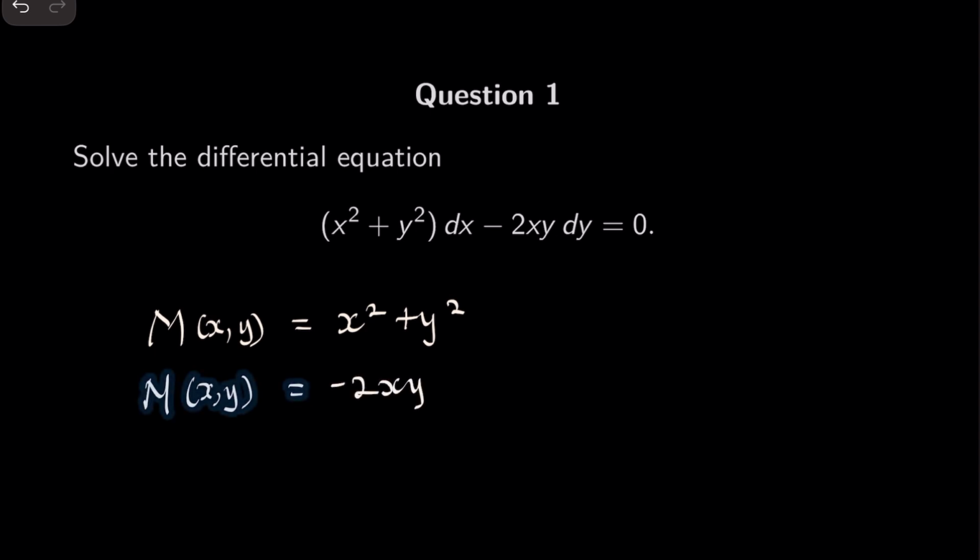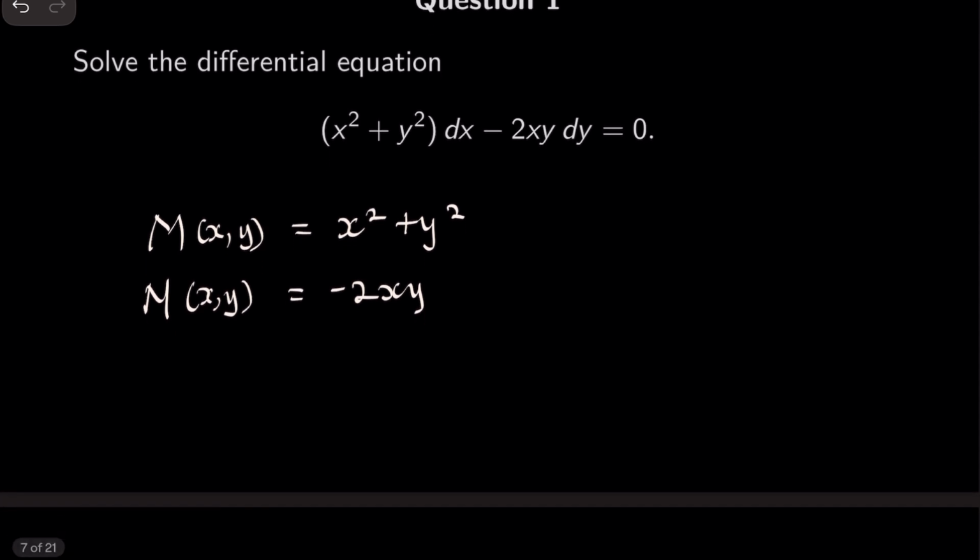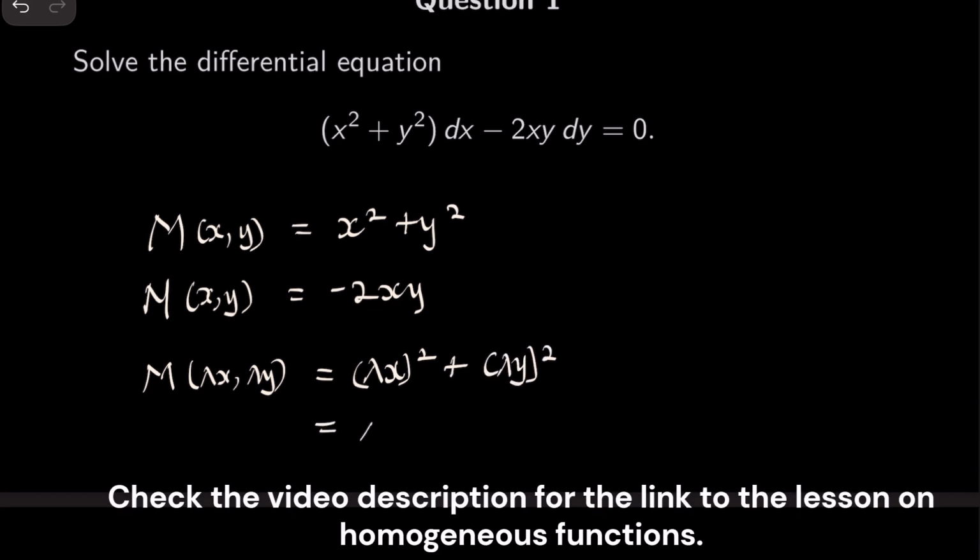Now let's verify if these are homogeneous. Let's find M(λx, λy). That would be (λx)² + (λy)², so that's λ²(x² + y²).